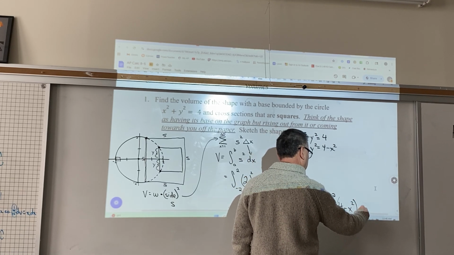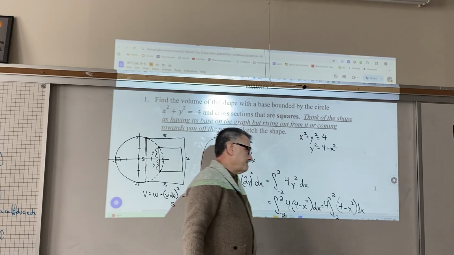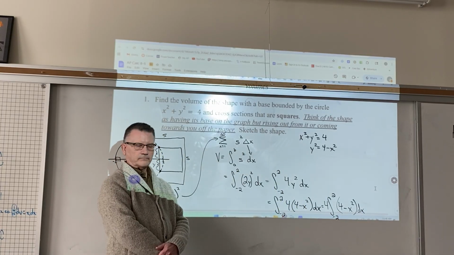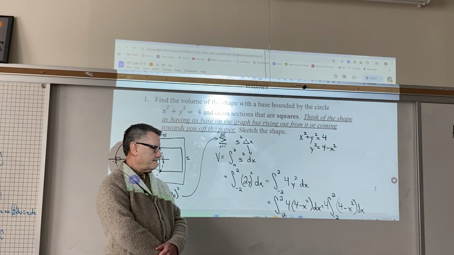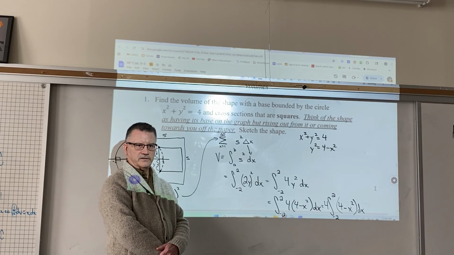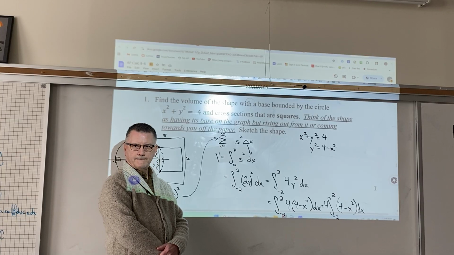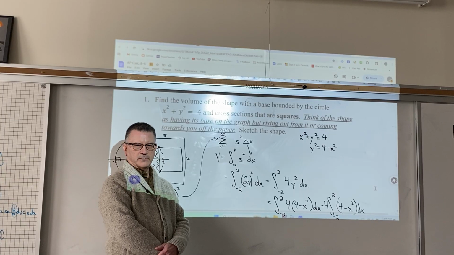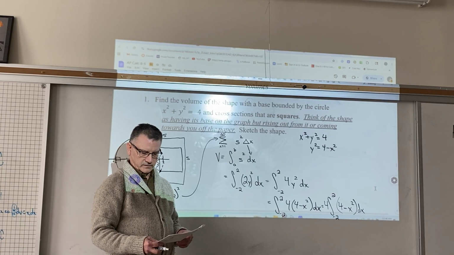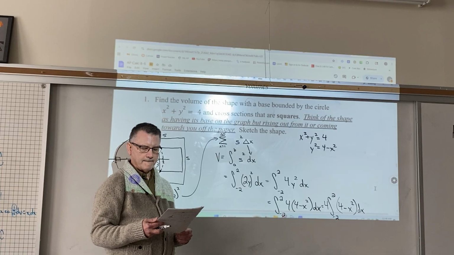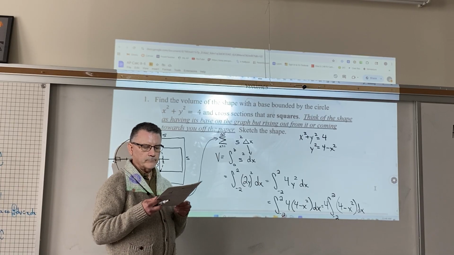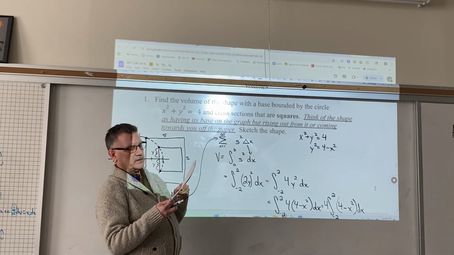That's not a hard integral. Take it from -2 to 2. Do you want me to take the integral for you or just tell you what the answer is? I can't even read my writing.